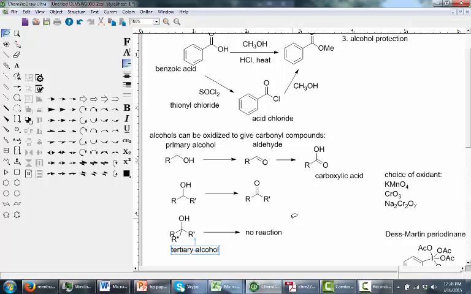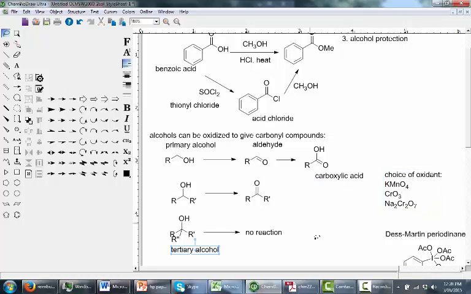As far as what reagents and oxidants I use to get this to react, here I have a number of choices. So I can use a number of reactants shown over here. These oxidants here, this is potassium permanganate, KMnO4, or I can also use chromium trioxide, CrO3, or this other high oxidation state chromium compound, Na2Cr2O7.